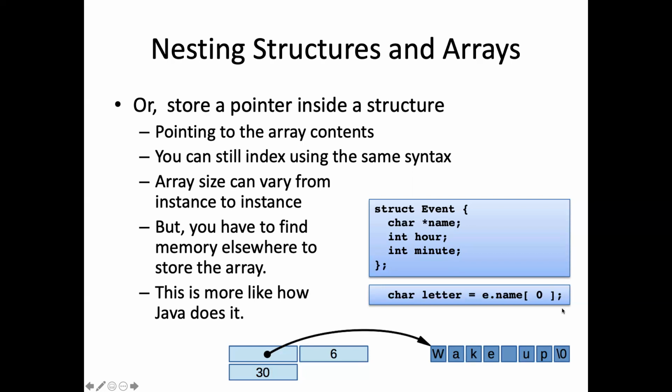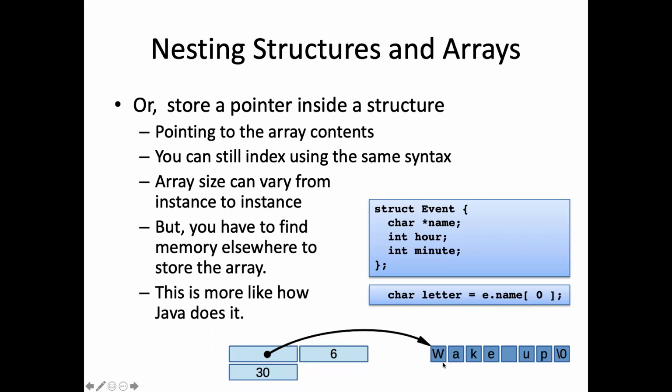But you could still put square brackets right after it because you can already do that with pointers in C. This would go look up element 0 in whatever array is pointed to by name. And in this picture, that would give me the character W in this case.